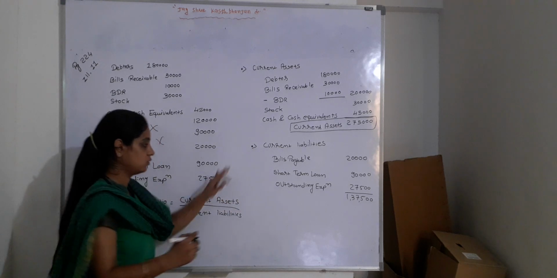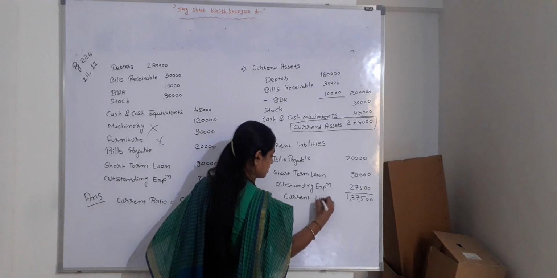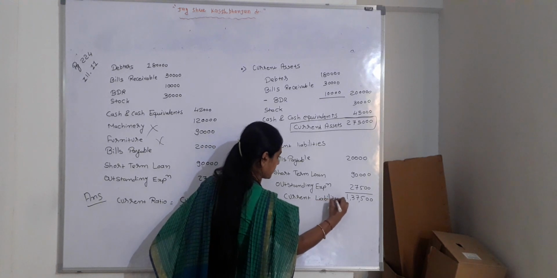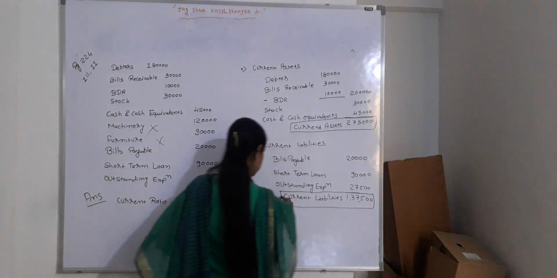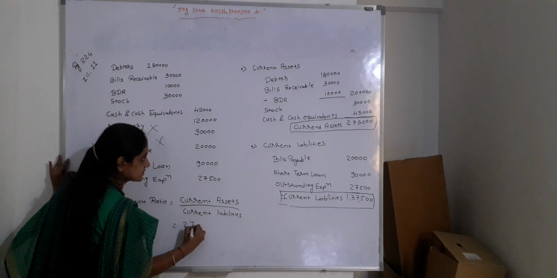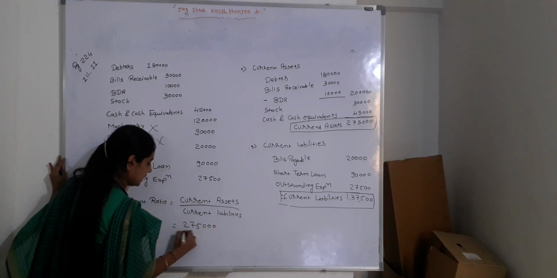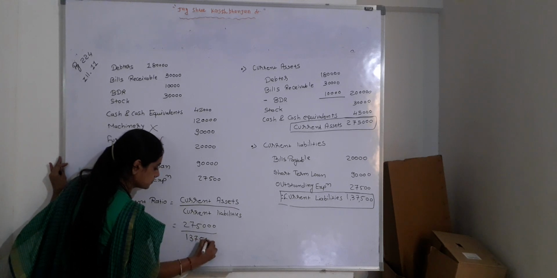So now we'll apply current assets and current liabilities in the formula. Current assets are 2,75,000 and current liabilities are 1,37,500.